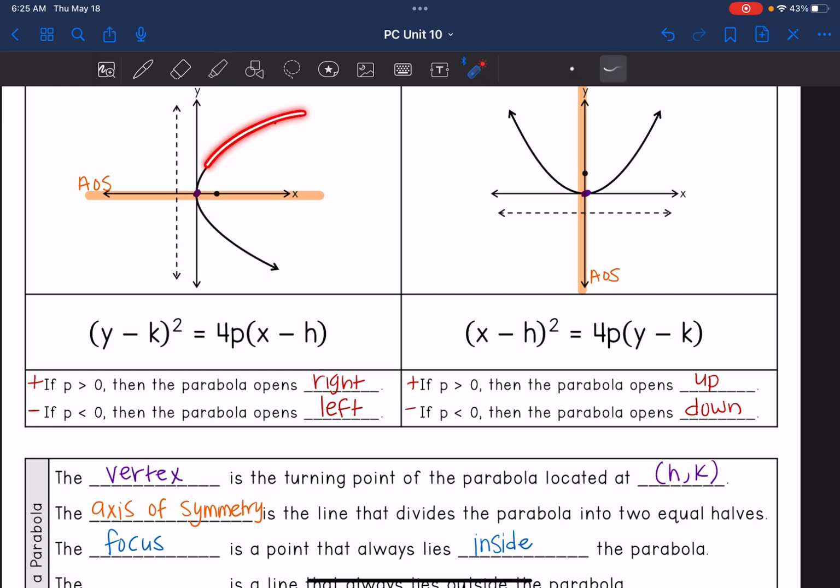So the cup shape, see how it's kind of pointing that way? So your focus has to be inside of that. So that's going to be this point right here, that kind of random dot that's in the middle. Same thing for vertical. That is the focus. So this one I do want to label. And focus.